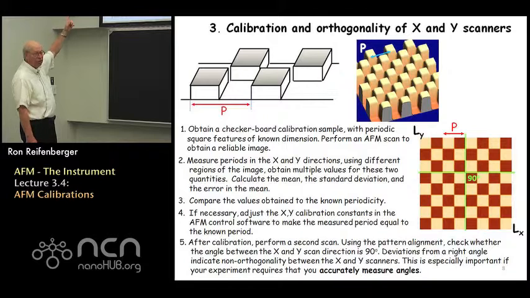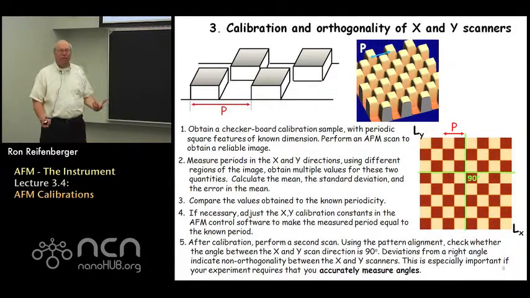The square plateaus have a well-defined periodicity P, which is built into the chip when the chip is actually made. And if you want to render that diagram in an atomic force microscope image, you'll end up with an image that kind of looks like the picture with the blue background here.